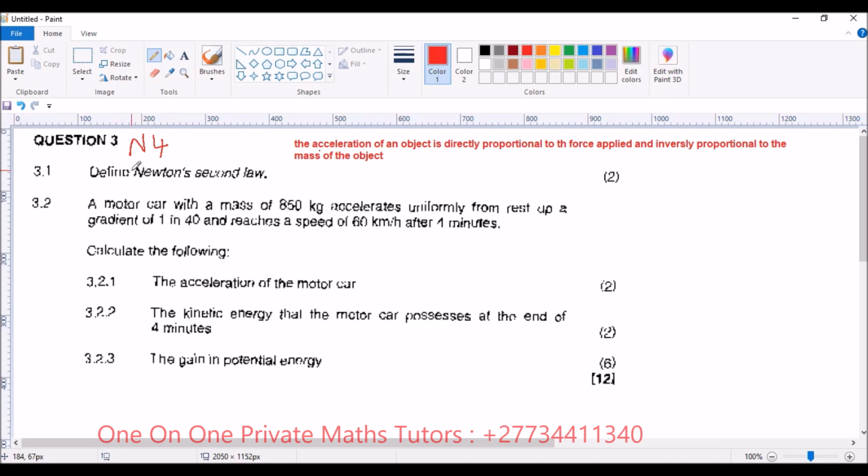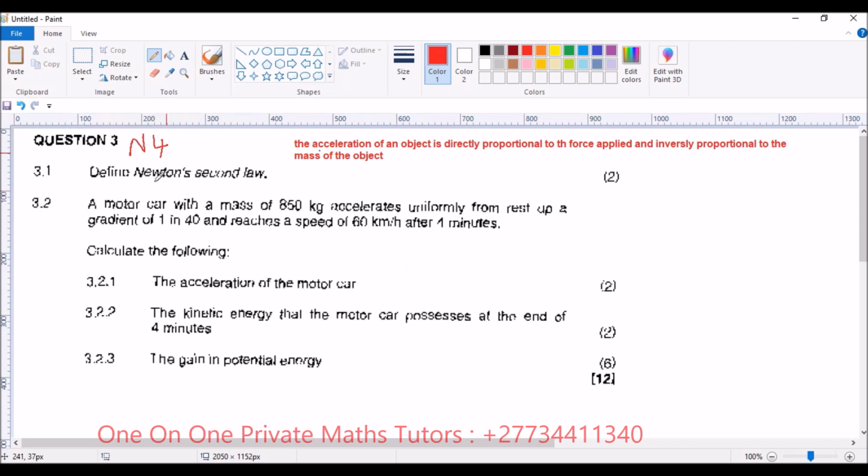A-level mathematics, the mechanics section, physics A-level, or Cambridge, ZIMSEC, Oxford, whatever syllabus you'll be doing, as long as it is advanced level, you get these types of questions. But this one is for N4 engineering.